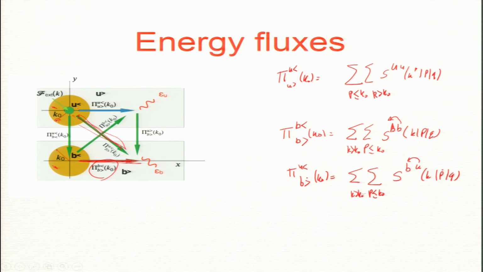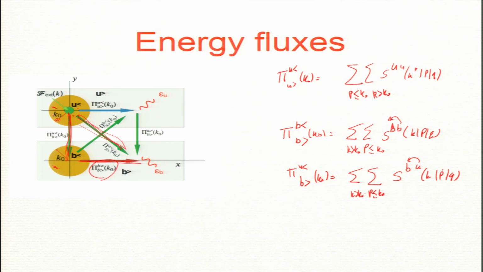Similarly, you can define these guys, B less to U greater. So, B is the giver, U is the receiver. Now, why are you doing all this? But I will tell you why we are doing it in 10 minutes. But there is interesting transfer, this one.